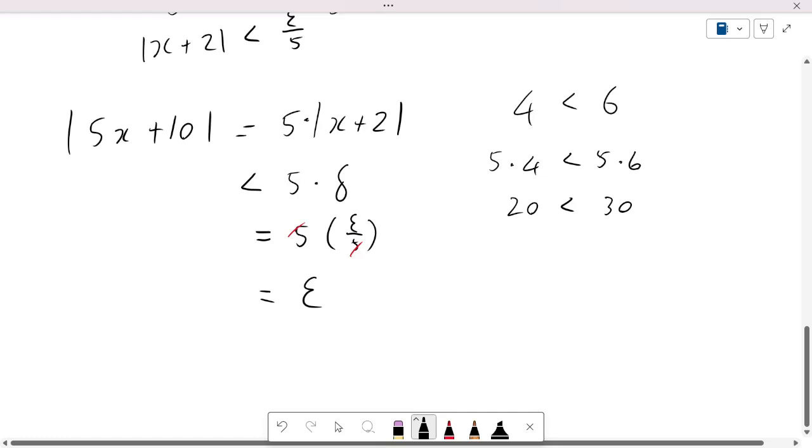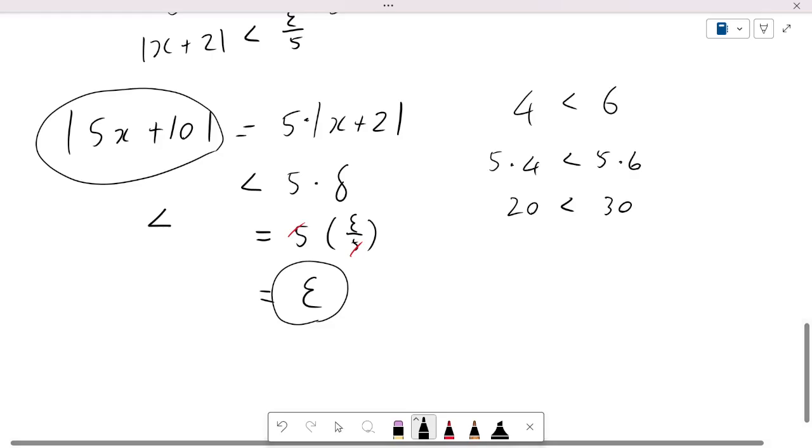Because it's an equal sign, all of these are linked up into one, and this is telling us that this is actually less than our epsilon. And that is our proof for delta epsilon. So we just work backwards basically to show that our epsilon is true when delta is equal to epsilon over 5.